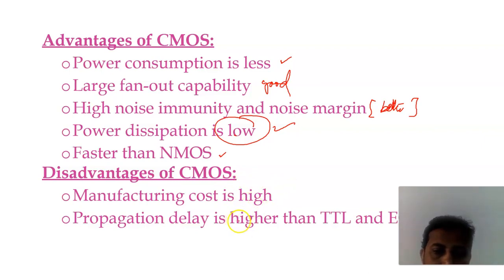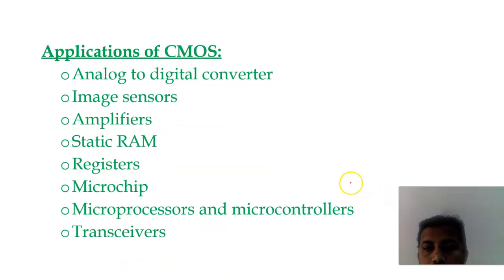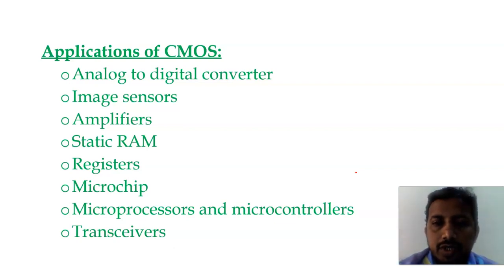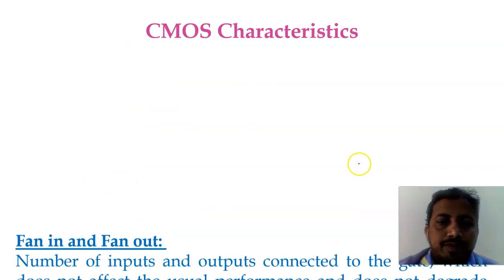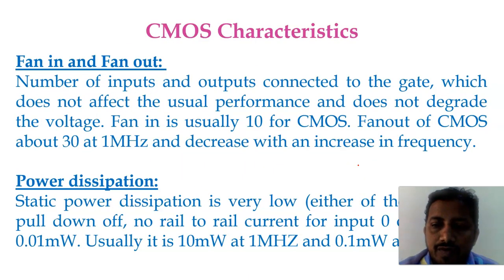And propagation delay is higher than TTL and ECL. Then there is a list of applications of CMOS circuits. Coming to fan in, fan out and power dissipation, we'll skip this.